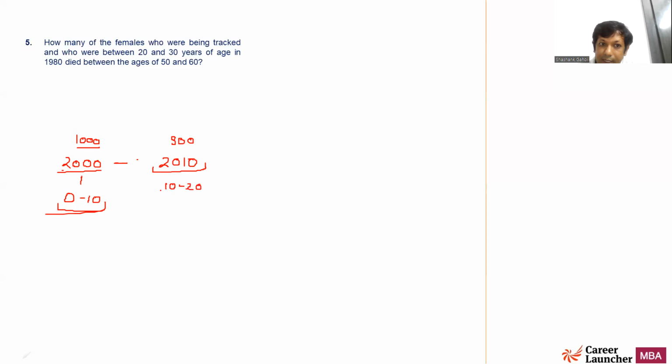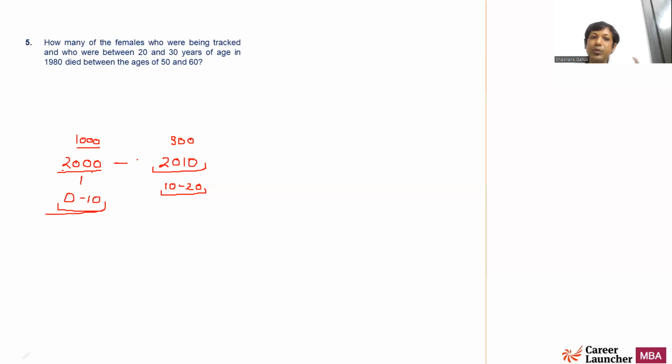But the catch is, someone in 2000 is going to have an age of 0, a newborn baby, or 1 year. So if the person is born in 2000 and that person died in 2010, it's 2001 itself. So that person is not reaching an age of 10. That person is going to die at the age of 1 year only.